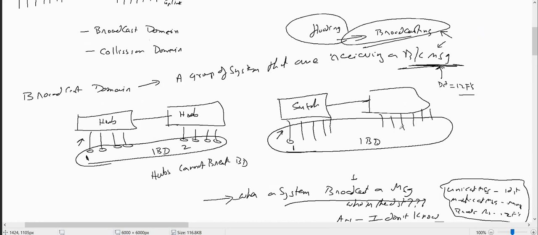When 1 is communicating to 2 in a switched environment, it's a unicast message, right? First time, the switch does not know where things are, so it will flood. First time flooding will happen.